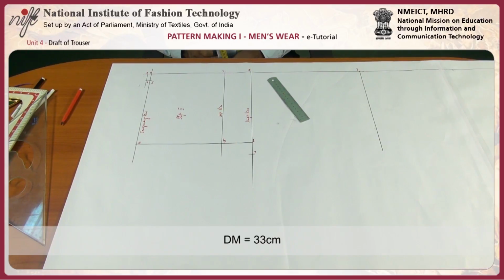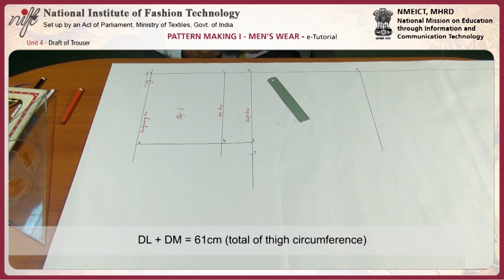D to M 33 centimeter, which is DL plus DM is equal to 61 centimeter, total of thigh circumference.